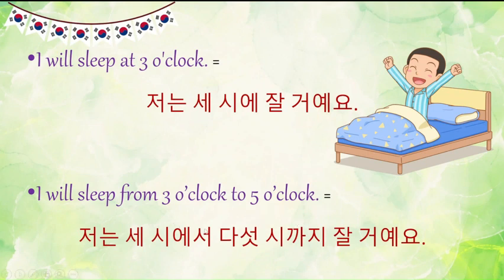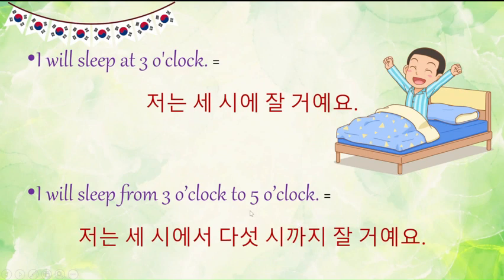Now we have already learned the particle that is used to indicate the time at which something starts, 에서. So 에서 is used to indicate the time at which sleep begins, in general words. So it is 3시에서.